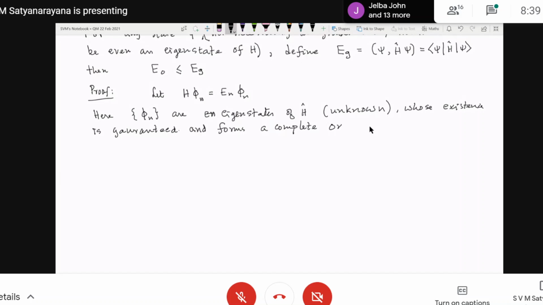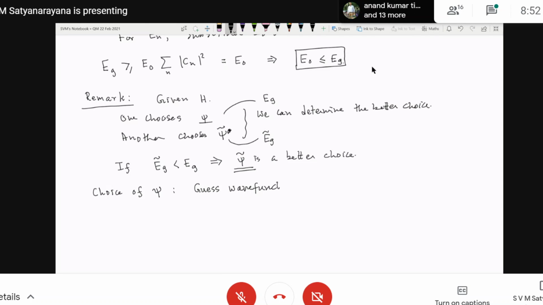Okay, so this choice of psi is sometimes called an ansatz wave function, or sometimes we call it a trial wave function.